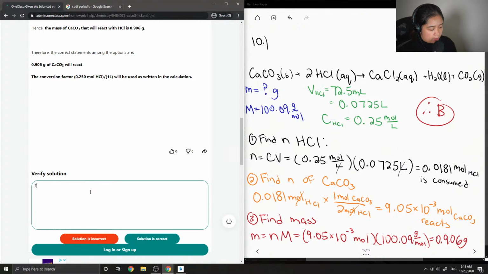Okay, so this solution is correct. I'm just going to put the conversion factor for the number of moles is 1 mole.